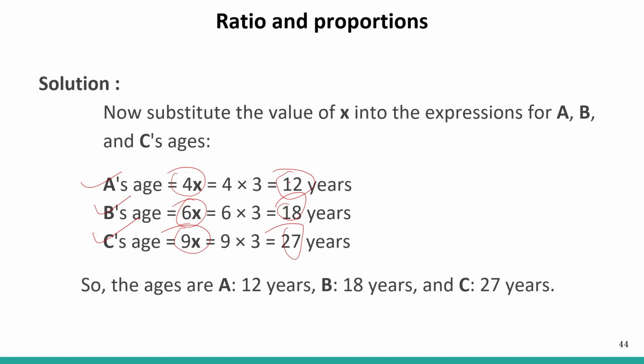So A's real age is 12, B's is 18 and C's is 27 years old. So we have found the correct answer. Final answer.